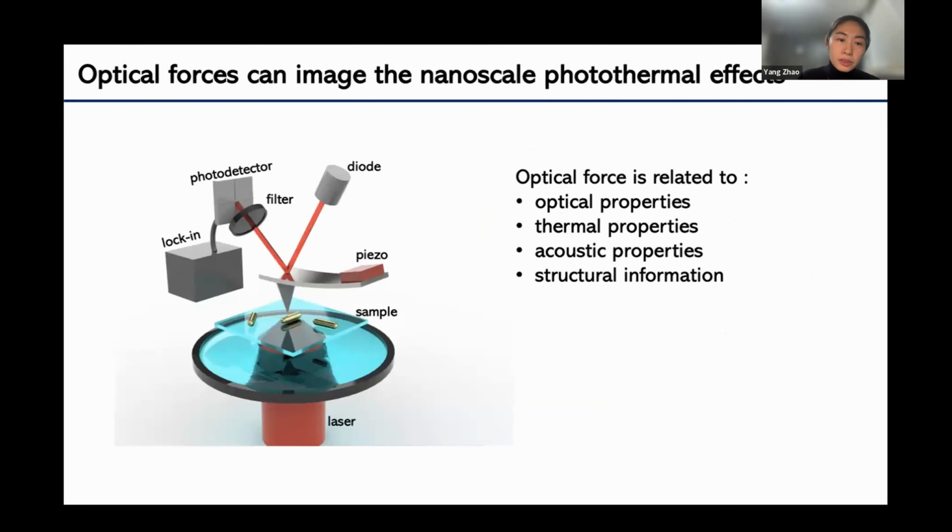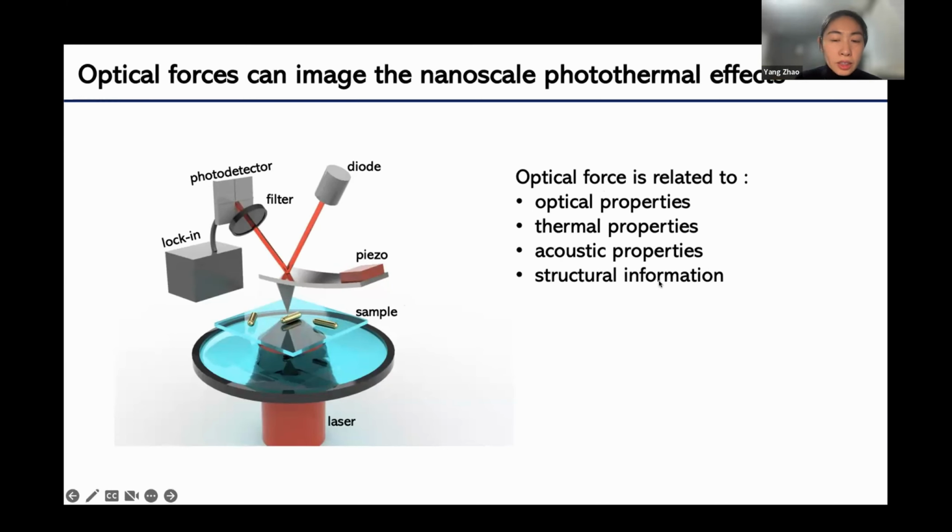As we went along, we became more interested and found that the optical force has much richer information associated with it. Not only can the optical force be related to the optical polarization or optical properties of the materials that we have studied, it can also be associated with thermal properties as well as acoustic properties.